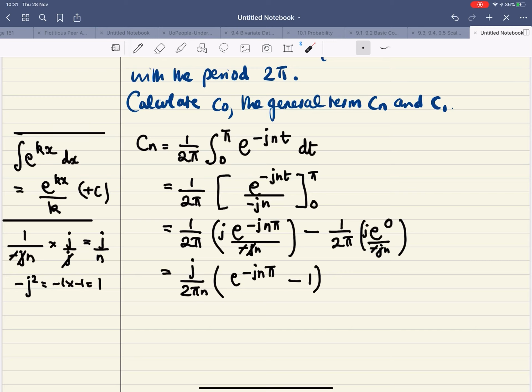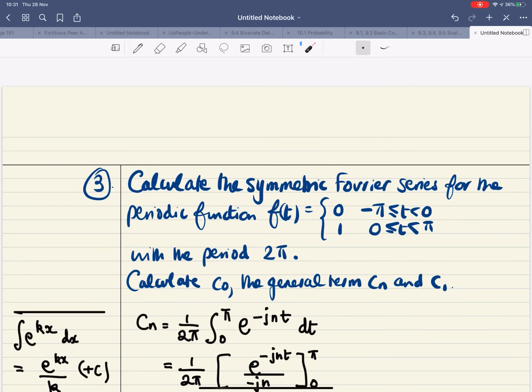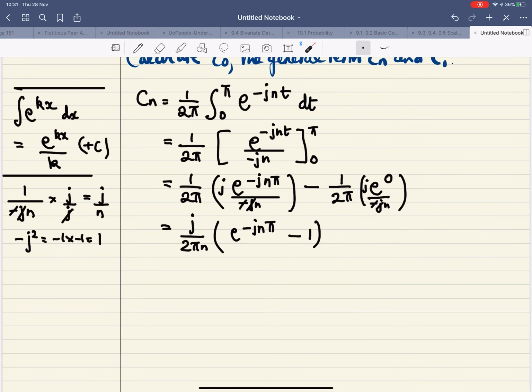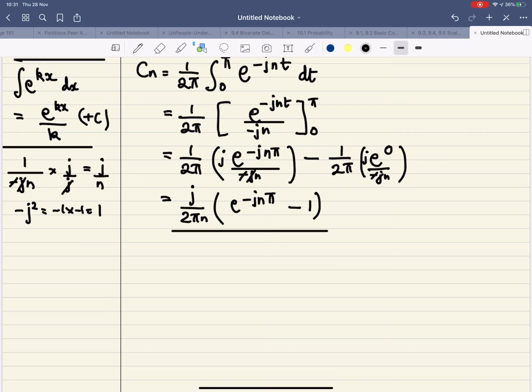Okay, well, what exactly am I doing with this question? I got the answer. Let's just see. Calculate C0. So that's the general term n there. Underline. Right, so then we want C0.